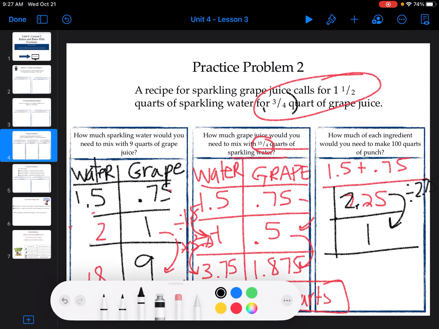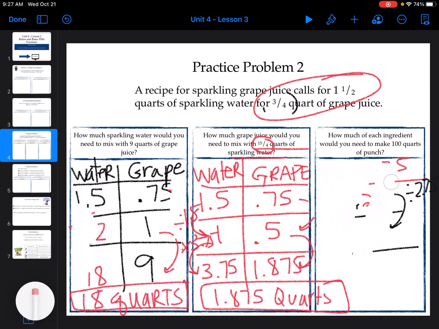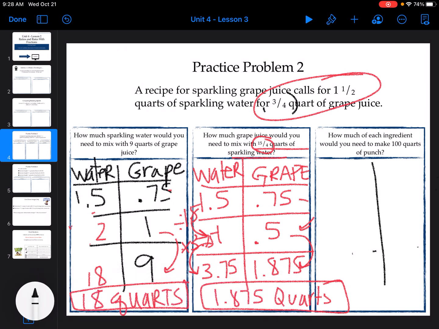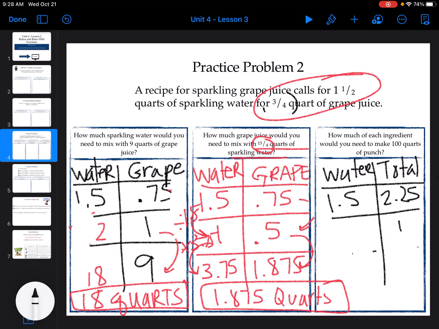Let me just fix this really quick. So I'm going to go from water and total. So it's 1.5 and then 2.25. We just figured that out. So I want to figure out 1.